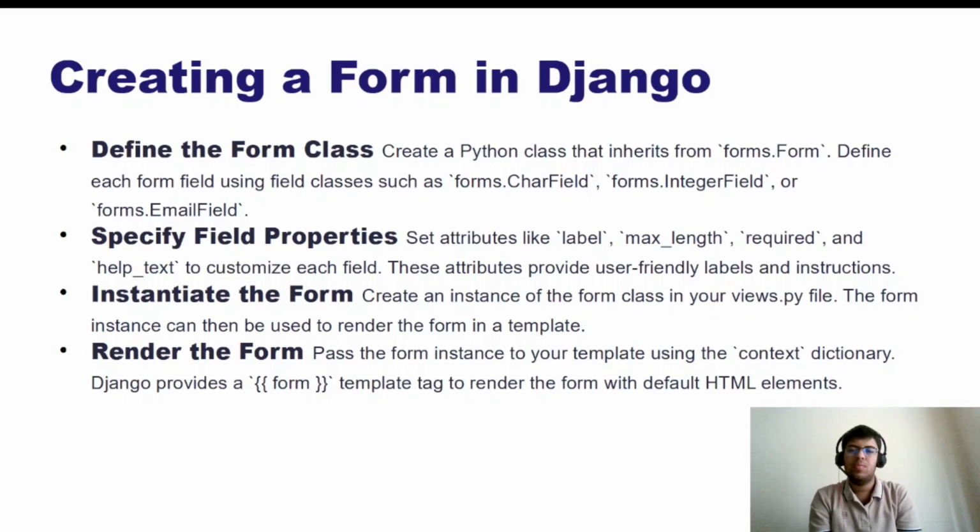Rendering a form uses the context dictionary, where Django provides you with a form template tag, as shown in the video, to render the form with your default HTML elements, such as your tags, your anchor tag, and your object tags and all that.